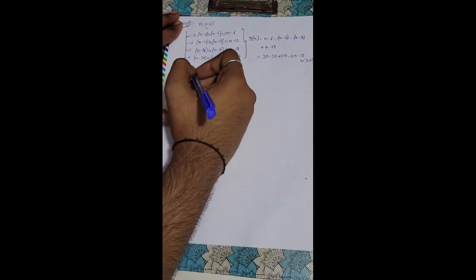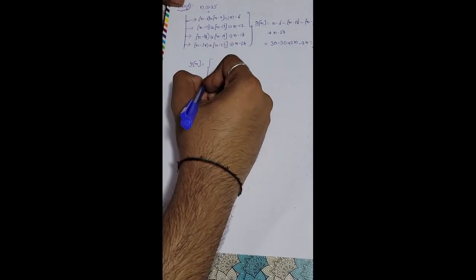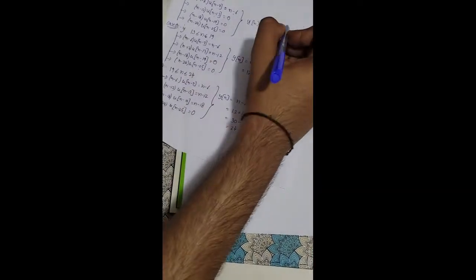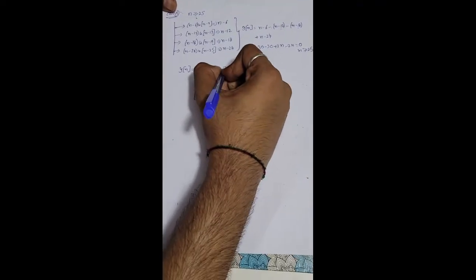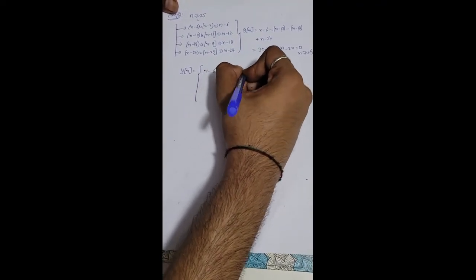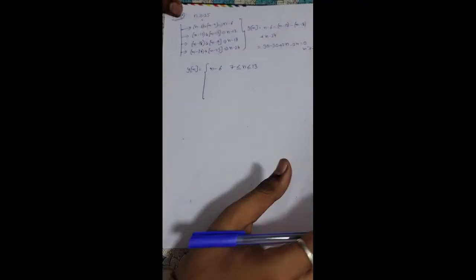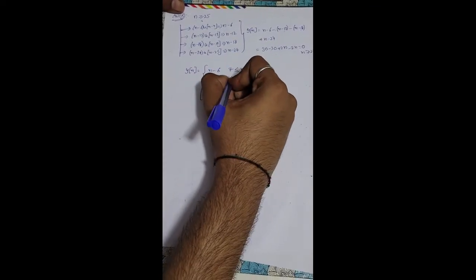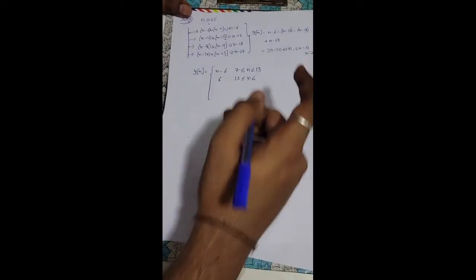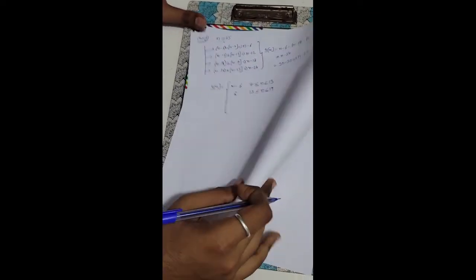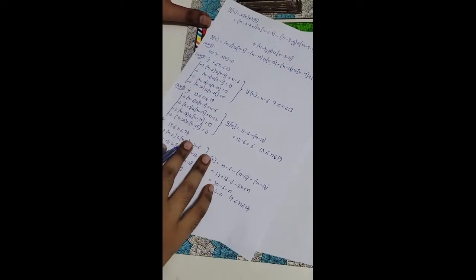So finally we will get the y of n value as: first, n minus 6 when n is from 7 to 13, and then 6 when n is from 13 to 18, where we take less than or equal to 18.